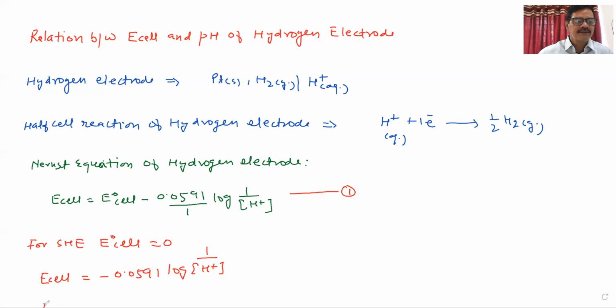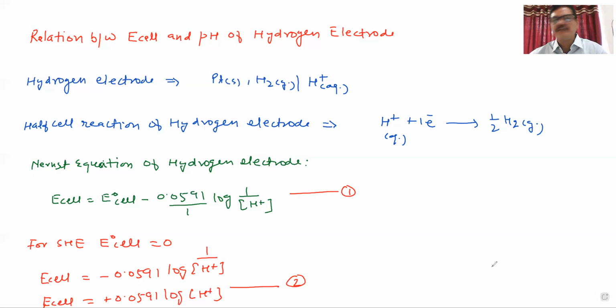E cell will become equals to plus 0.0591 into log H positive ion concentration. Say this is equation 2.